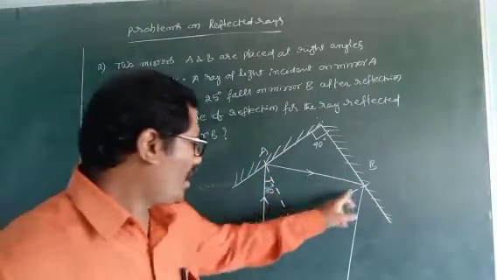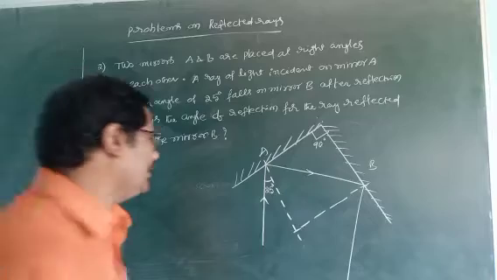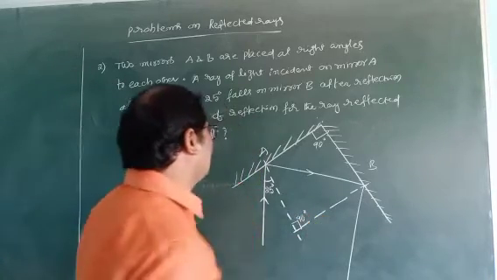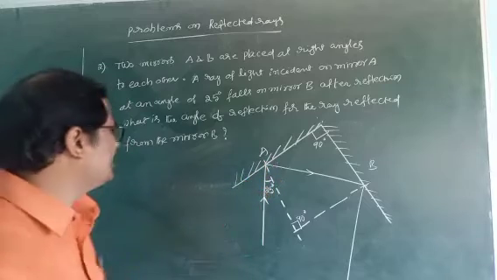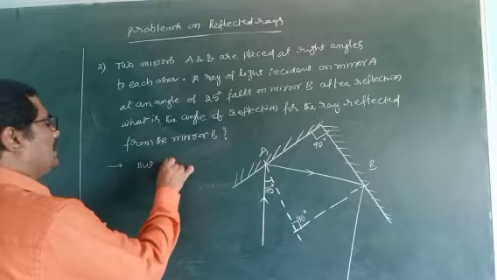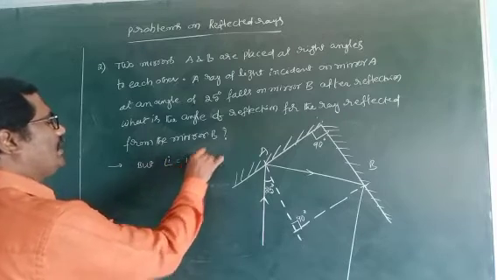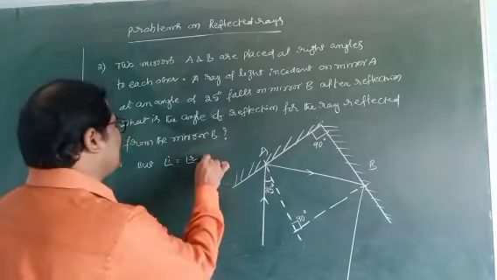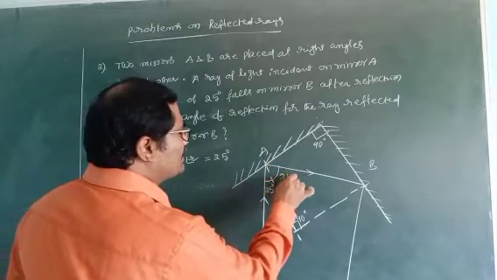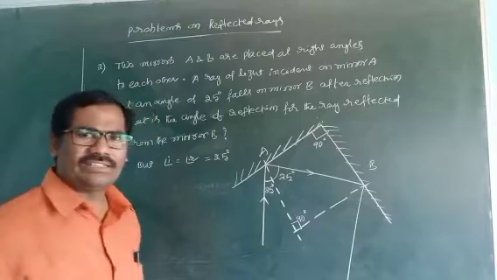It forms a right angle triangle, with a 90 degree angle. The angle of incidence is equal to the angle of reflection, that means i is equal to r equal to 25 degrees. Here also it is 25 degrees.